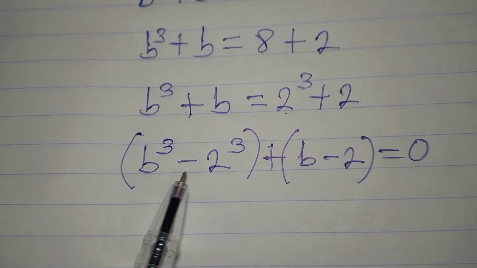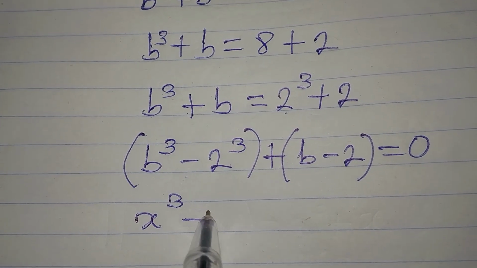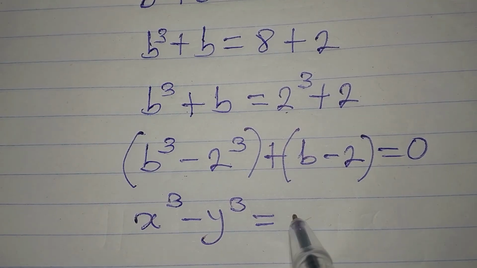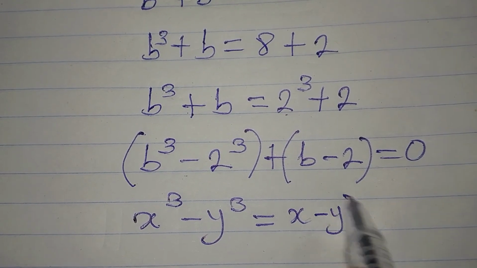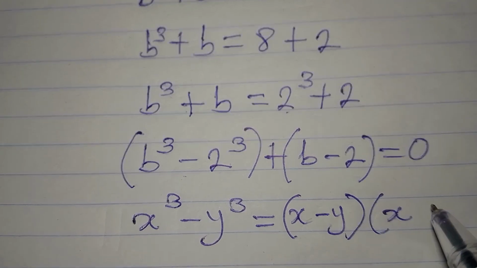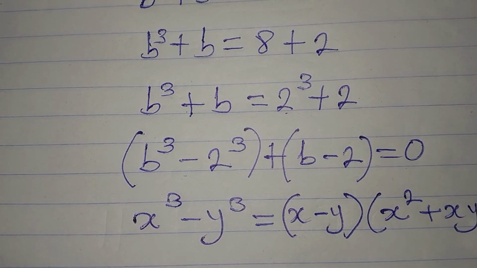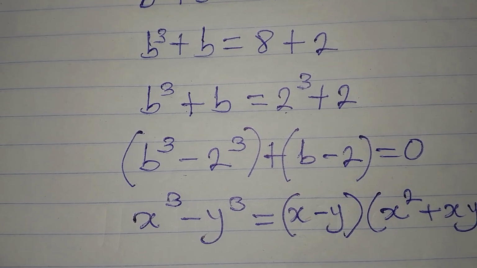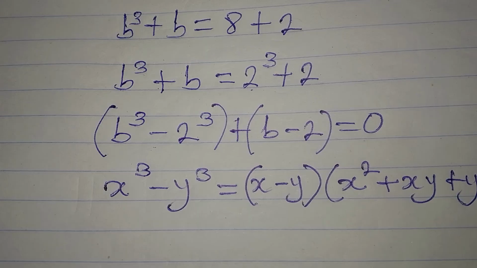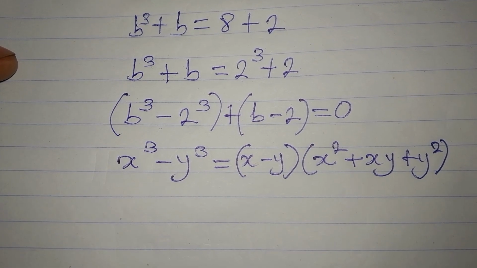Difference of two cubes. Because if you have x cube minus y cube, this is the same thing as x minus y into x squared plus xy plus y squared, right? So this is an identity in mathematics.